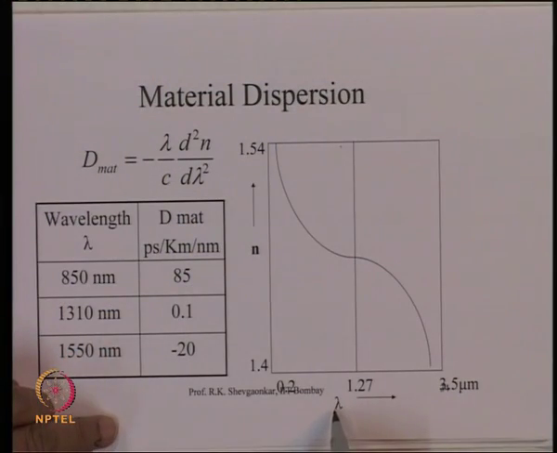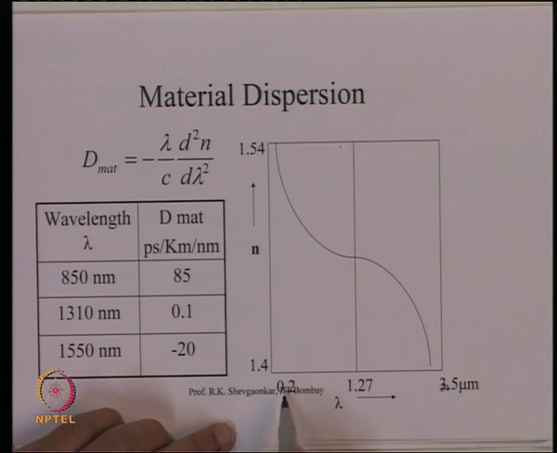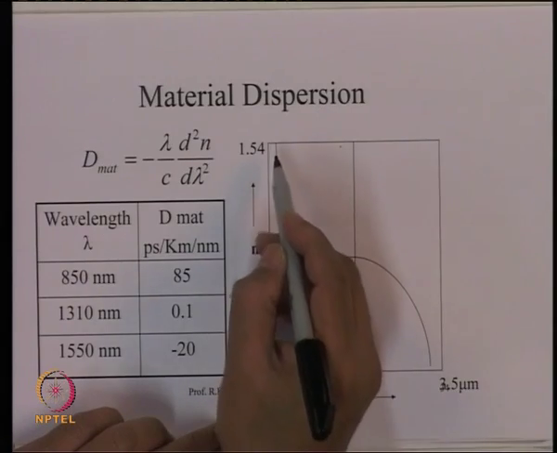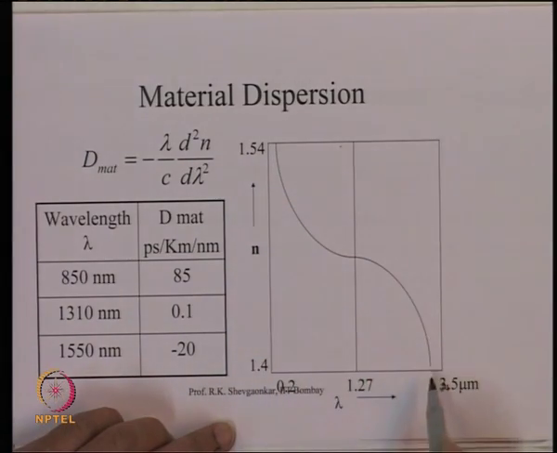So, what we do is we take the material glass and plot its refractive index as a function of wavelength. You see, if I vary the wavelength lambda from 0.2 micrometer, 200 nanometer, to about 3.5 micrometer, we get a refractive index variation which will be typically like that.